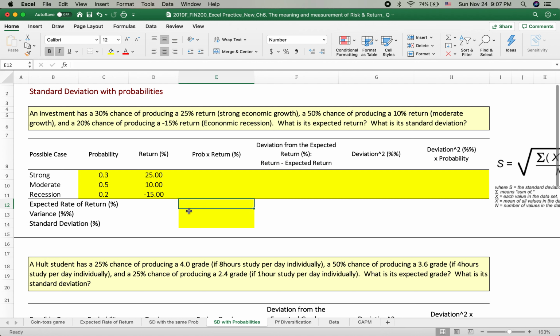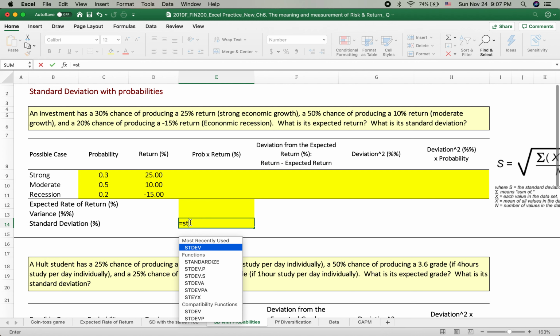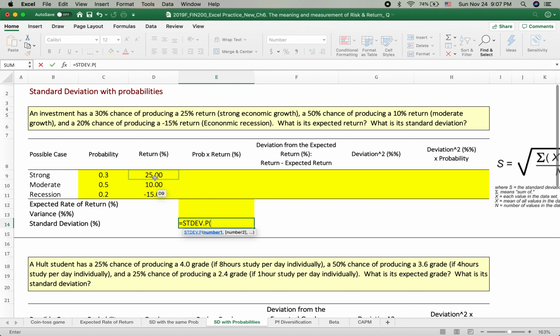In this case, we cannot just use the standard deviation population function, because it has different probabilities. We cannot use the standard deviation .P or .S function in Excel, because they assume that each return has the same probability. That means the expected rate of return is just the average, but this is not that case.